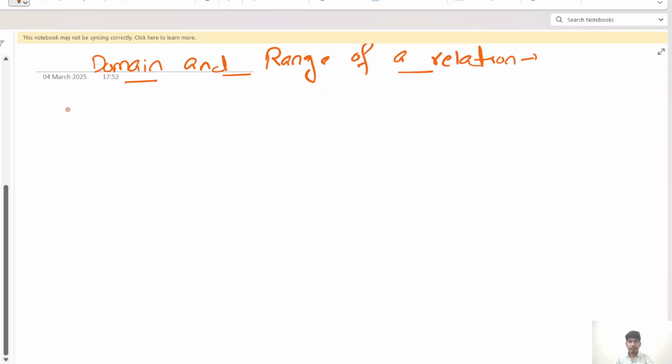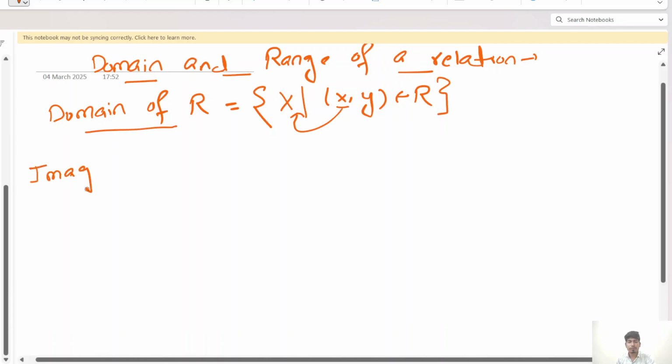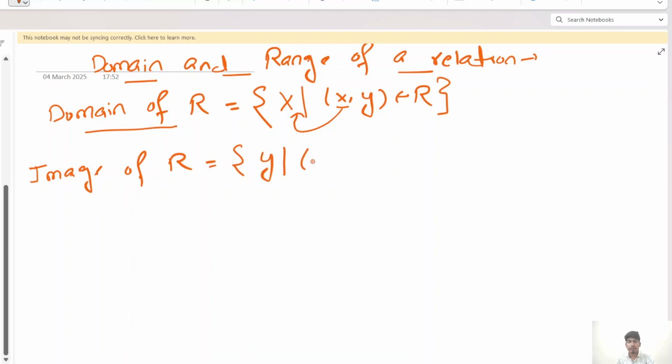Domain of R is the set of x such that (x, y) belongs to R. Okay, this x goes to the domain of R. And the image, or range, of R is the set of y such that (x, y) belongs to R. Okay, let us define it by an example.